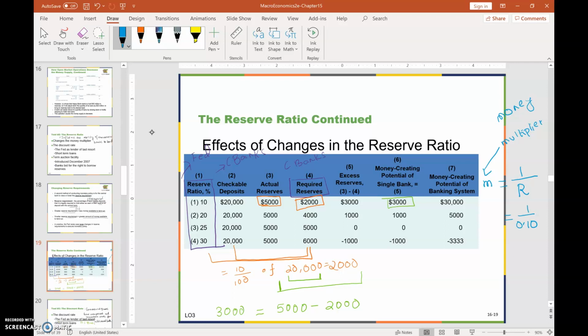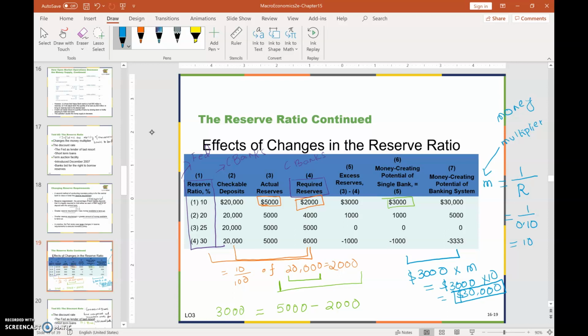So this is going to be equal to 10. Now to find the money creating potential of the entire banking system, it will be 3,000 times the multiplier, which is 10. So this is 3,000 times 10. This turns out to be 30,000. Okay.